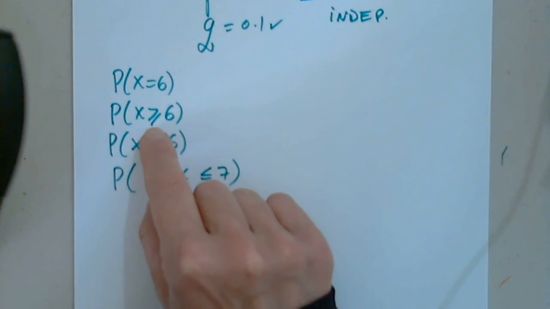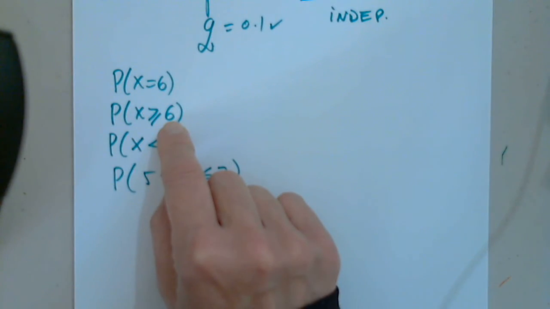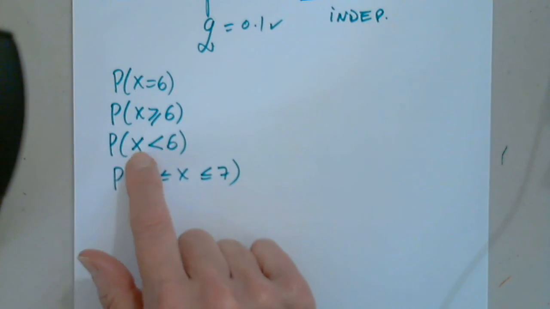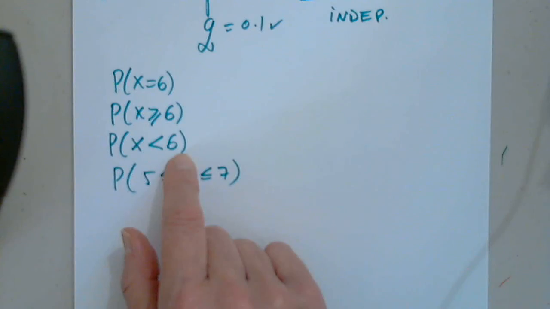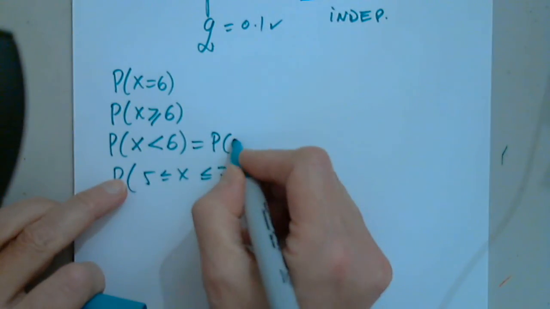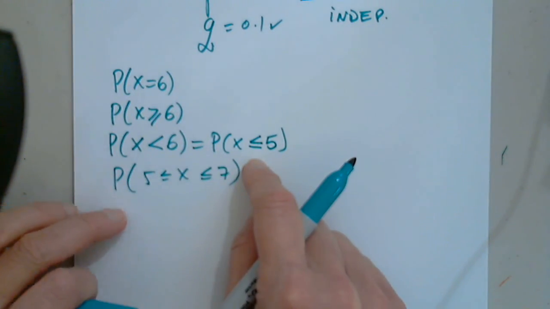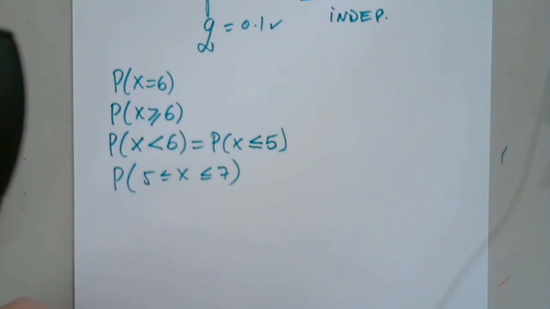At least 6. I have in my pocket at least $6. Fewer than 6 is exactly the same as the probability for x to be less than or equal to 5.